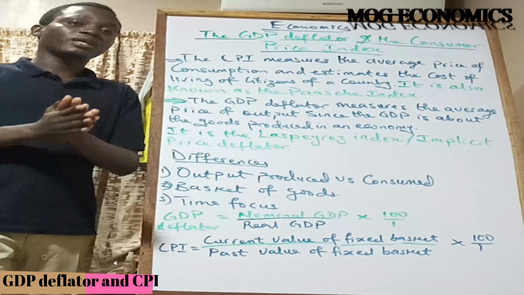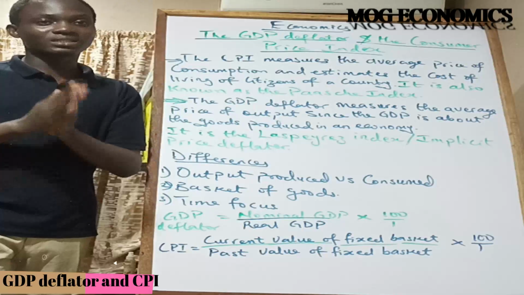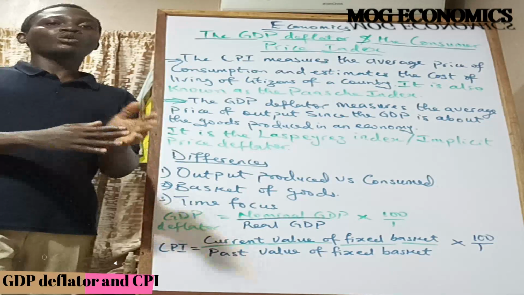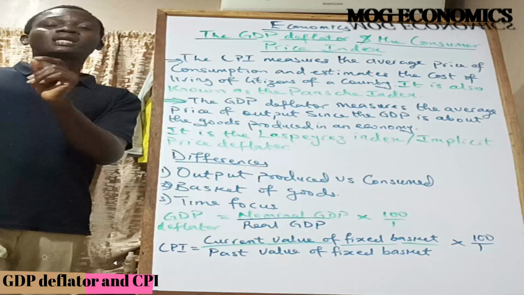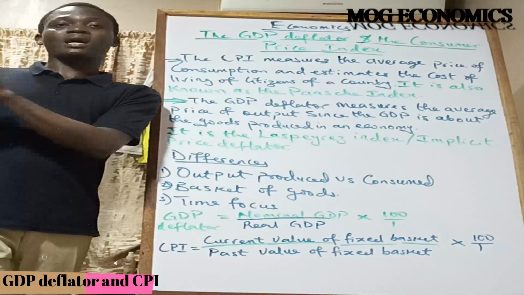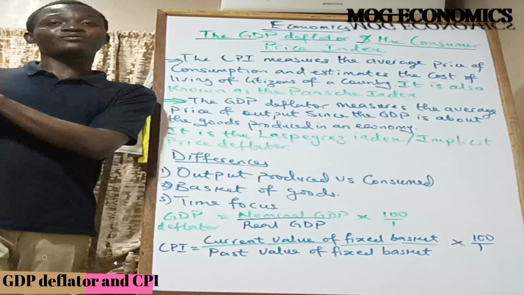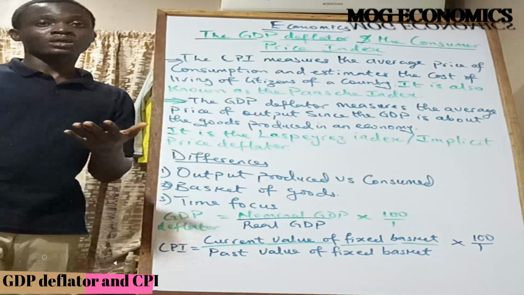Now, like I said, it's the CPI that uses a basket of goods. It uses a fixed basket of goods. That is, once it has been drawn, that okay, this is a basket that contains the things that a household consumes on average in our country, then that basket of goods can be used for 5 years, right?